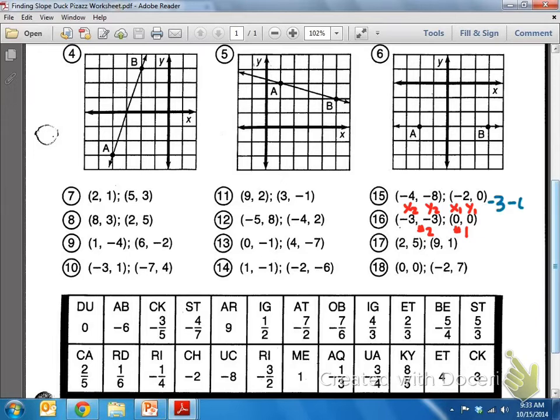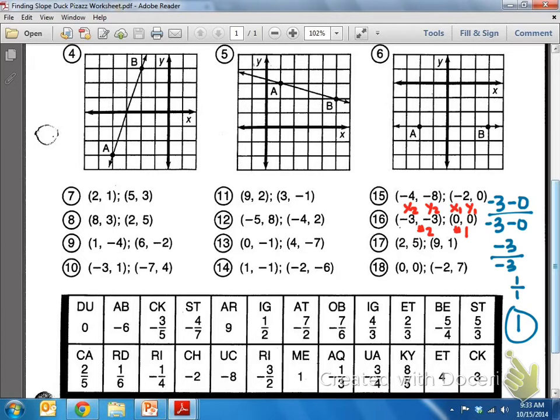That would give me negative 3 minus 0 over negative 3 minus 0. Negative 3 minus 0 is negative 3, and negative 3 minus 0 is negative 3. Now two negatives over each other become a positive, and 3 divided by 3 is 1 over 1. So again, I don't have to write the invisible 1 down below, but I do need to write the 1 on top, so it's just 1.